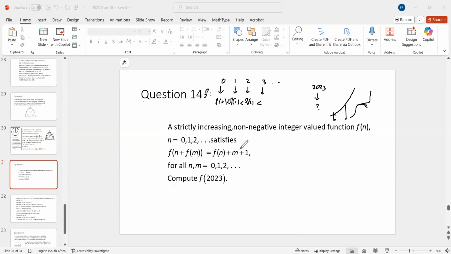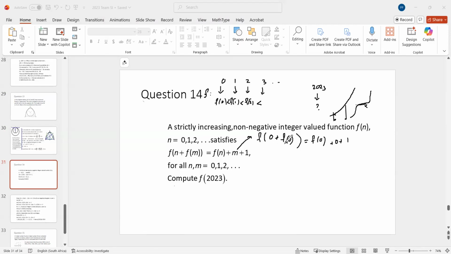If you take this and make n and m zero, let's just substitute n equals 0, m equals 0. So you've got f(f(0) + f(0)) equals f(0 + 0 + 1).